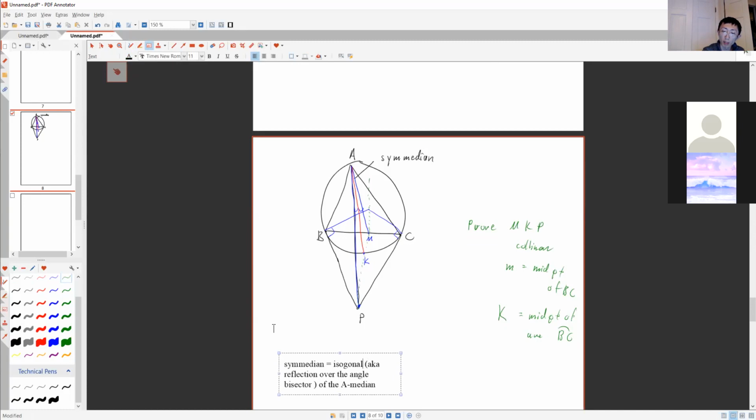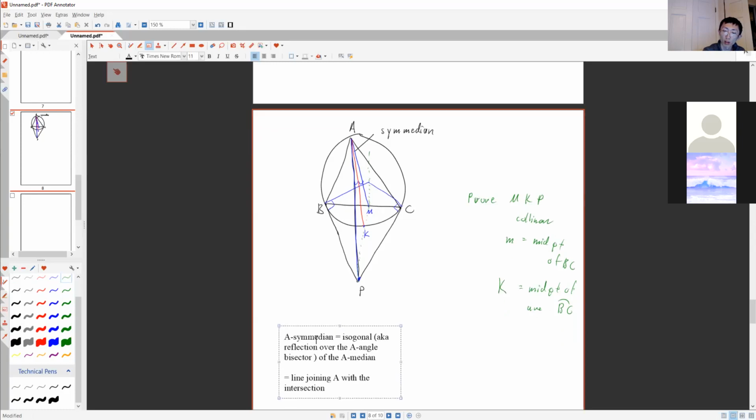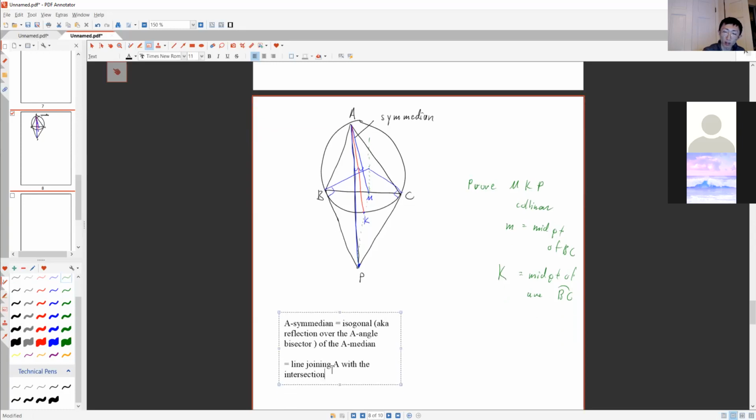So the symmedian from the vertex A is that. It's also equal to the line joining A with the intersection of the tangents.